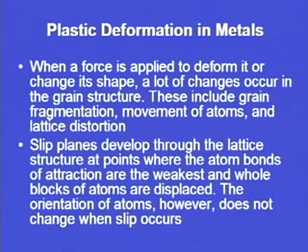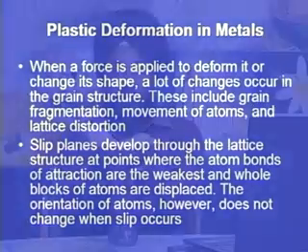So, whenever we change the shape of a metal, say a sheet, we bend it like this, making an L type of section. Physically we can see that the shape is changing, but we should understand what is happening within the metal.